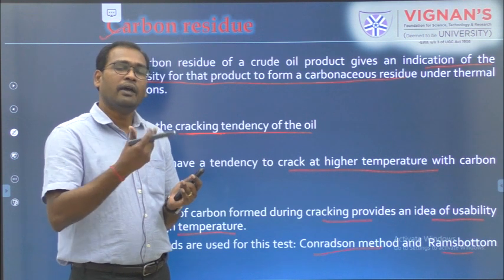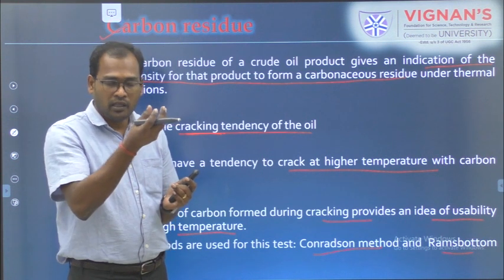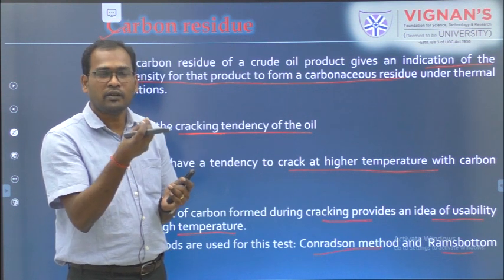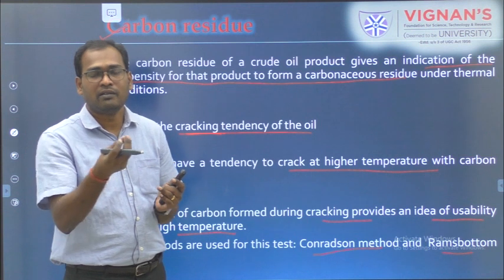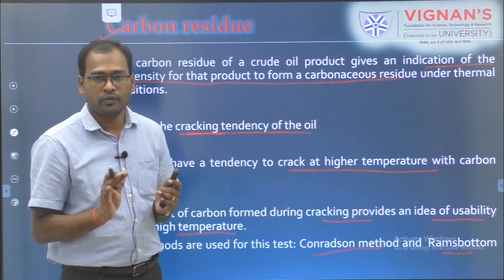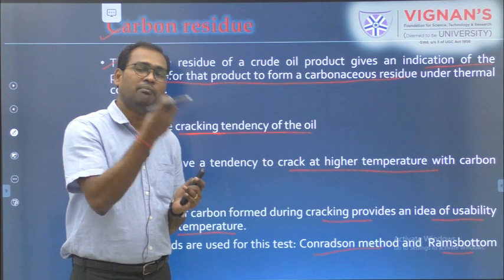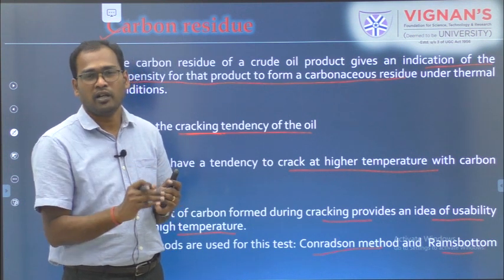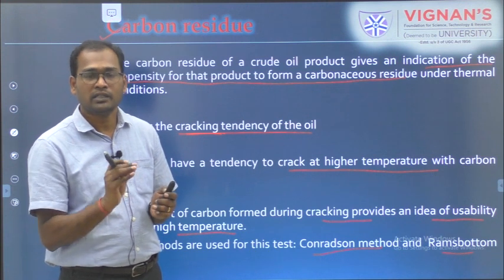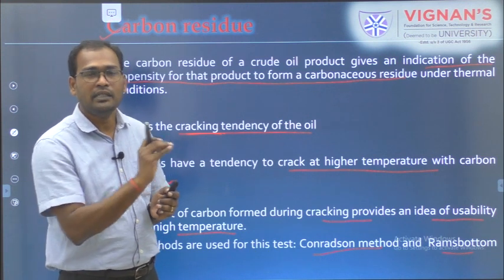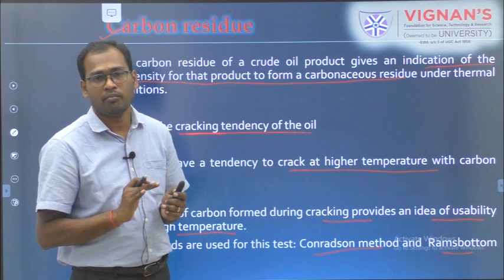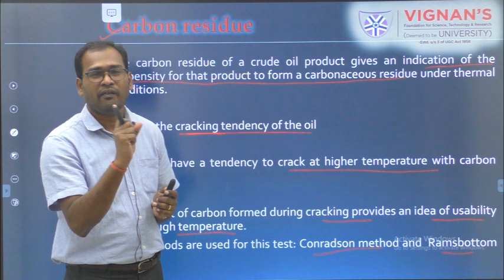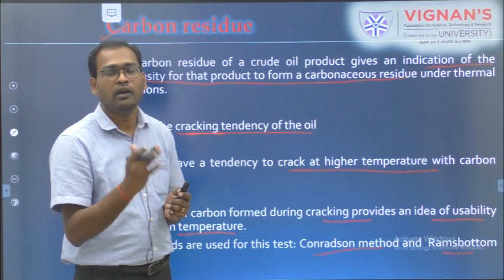Once everything is burnt, the sample is cooled and whatever residue remains is measured, and that will be your carbon residue in grams. This gives you the usability of these lubricants at very high temperature, how much carbon will be deposited when it starts burning to give energy.